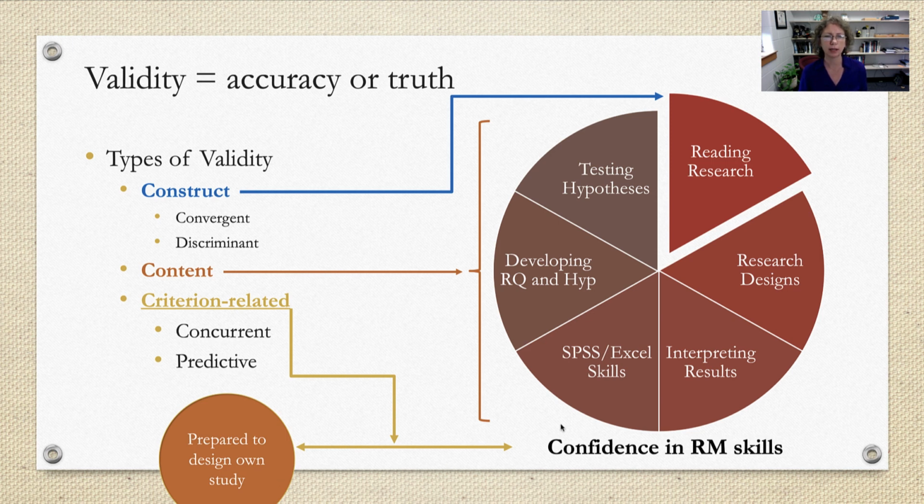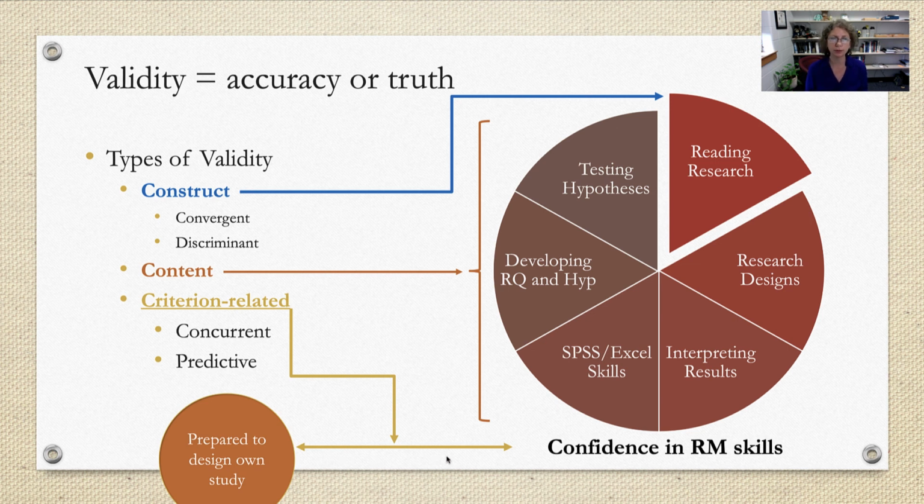We can look at their score on the confidence in research method skills survey, and we could also ask them how confident they feel in designing their own study. And if those two are highly related, we're saying that this survey, this measurement, has shown criterion-related validity.